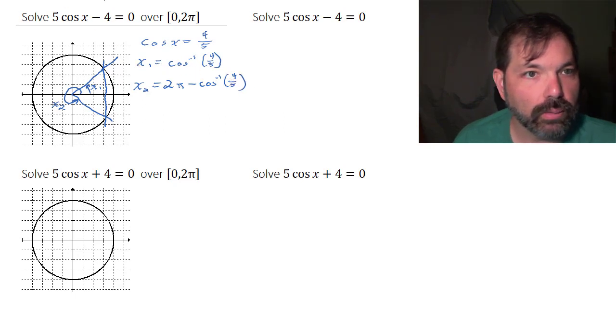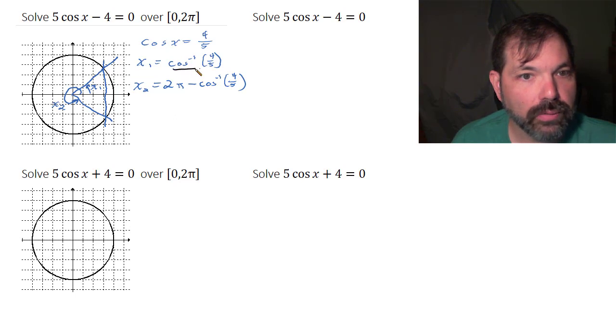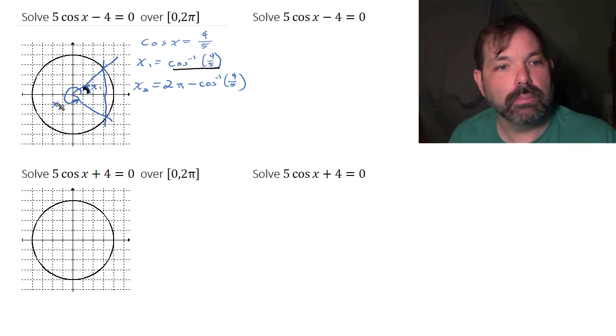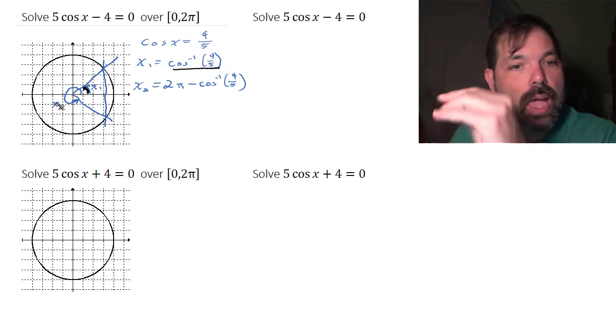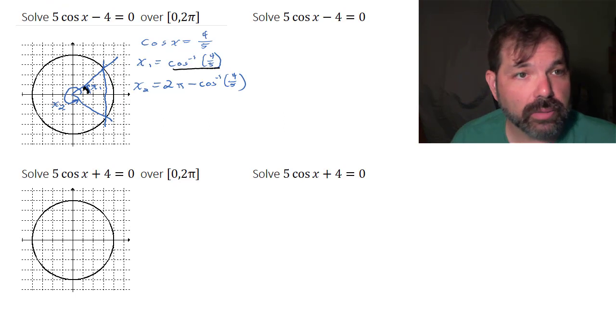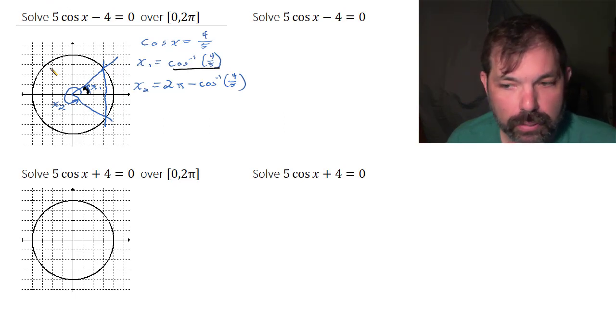So this angle right here, this x1, this cosine inverse of 4/5, is this angle right there in black. And so then x2 is 2 pi minus that, a full rotation, and then take away the reference. Now, of course, we can approximate these if we have a calculator handy.